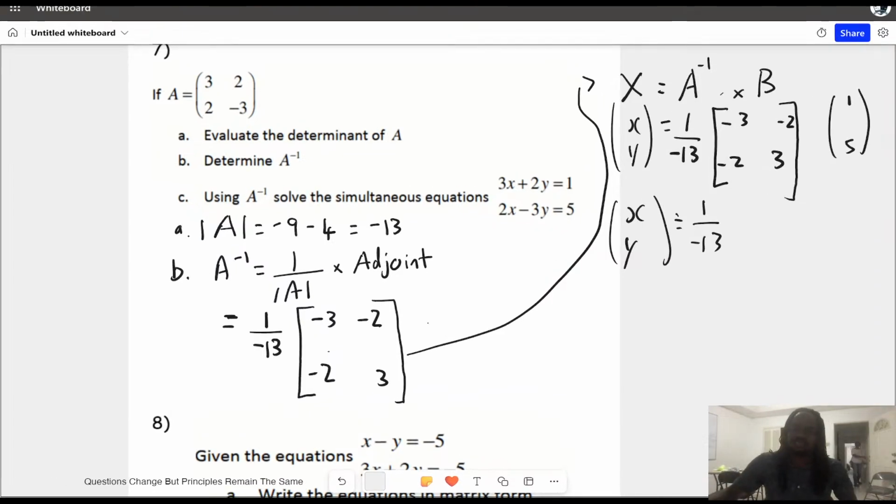Alright, so leave the fraction for last. I need to multiply the matrices that I am given right there first. So row by column. Negative 3 times 1, negative 3, plus negative 2 times 5, that is negative 10.